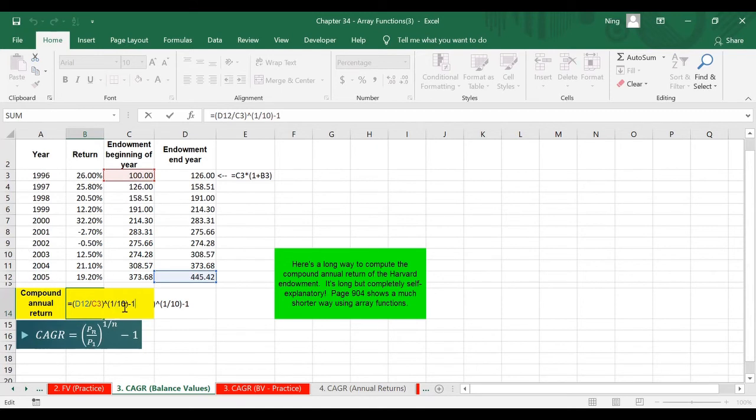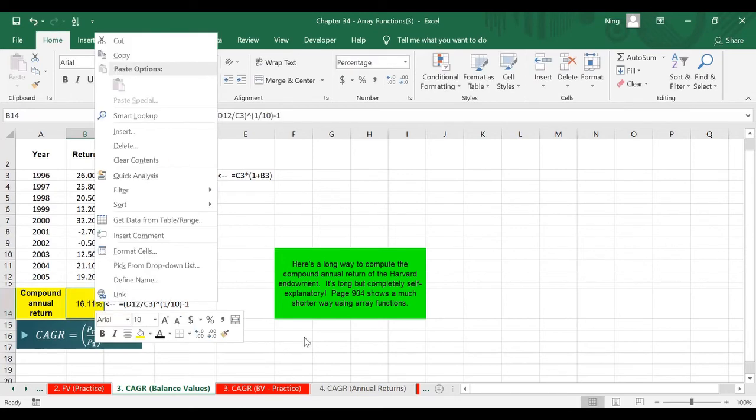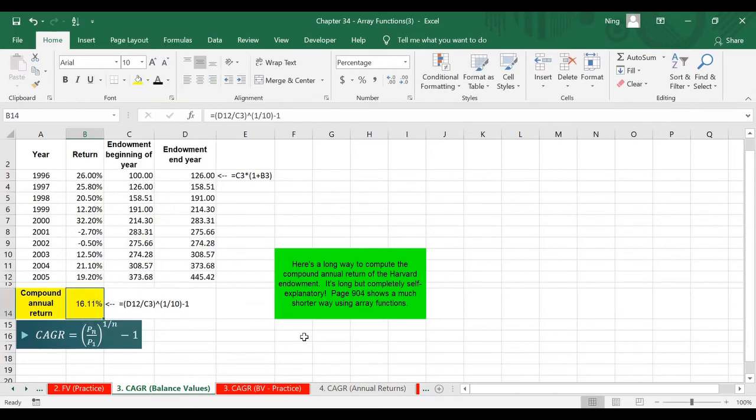That's why n equals 10, and then in the end you minus 1. Don't forget that CAGR is essentially the annualized buy and hold return. So the first step is to compute the buy and hold return of this entire period, and then you take the 10th root in order to compute the annualized buy and hold return for this time period.